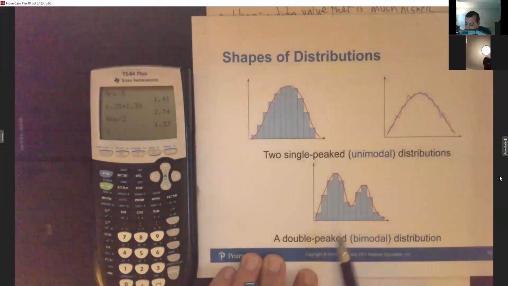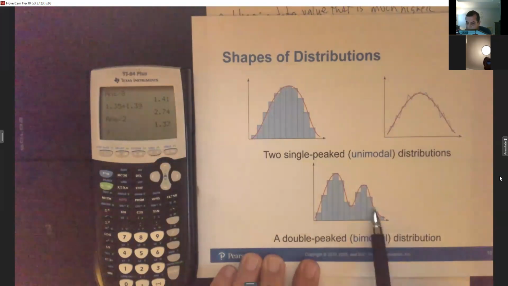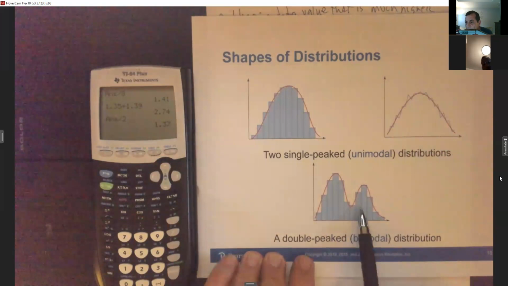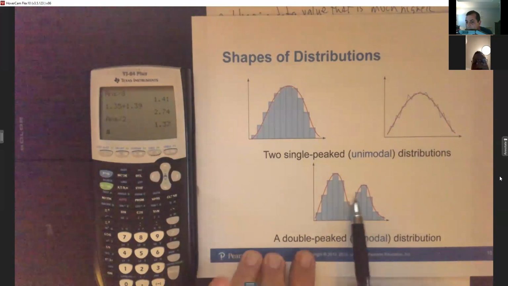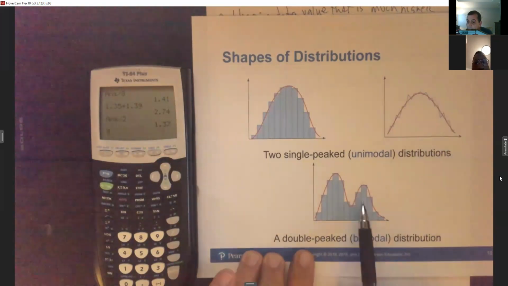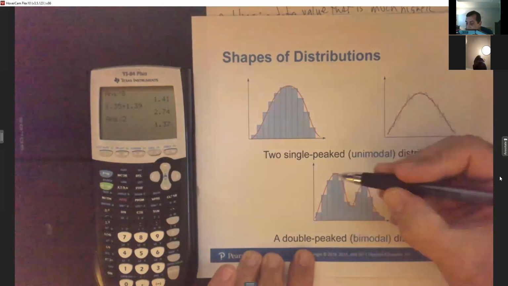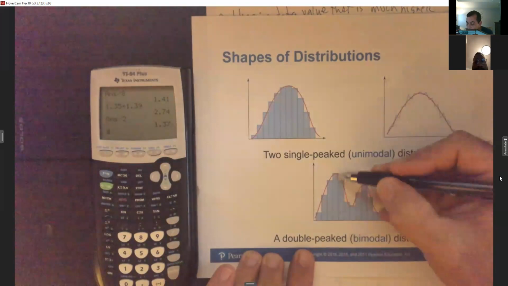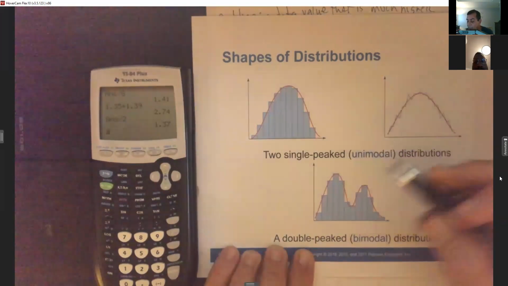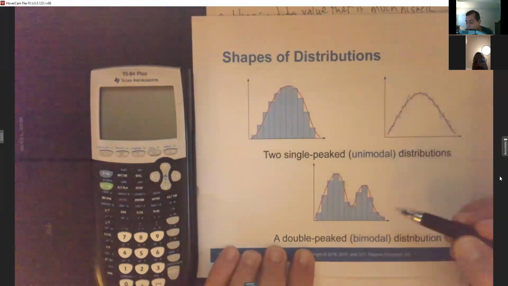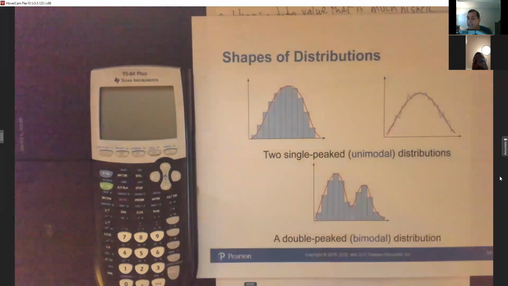Here you would get a bimodal distribution if you have two peaks. So say this was looking for the average years that people get married. Maybe women would be the first peak. Maybe they get married at a younger age than, say, men. So you would get two humps because the men and the women would have different ages that they got married, okay?